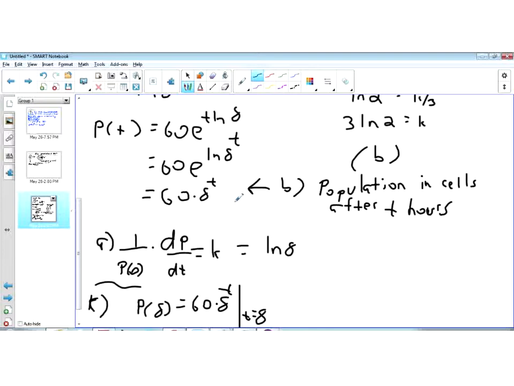So the rate of growth, what would that be? That would be the change in population with respect to time. Okay, so we have relative growth rate and then the rate of growth.